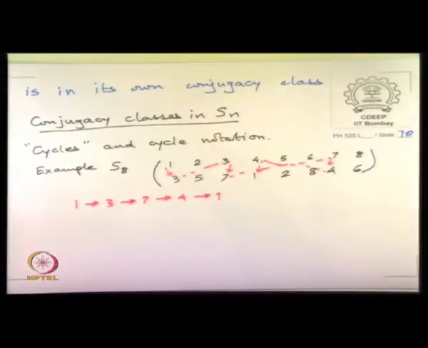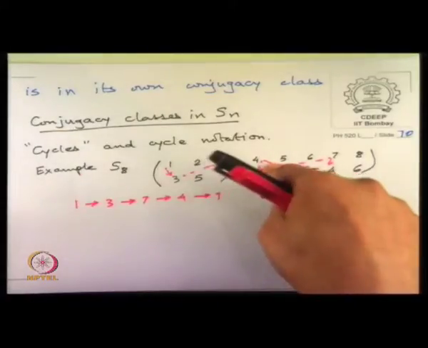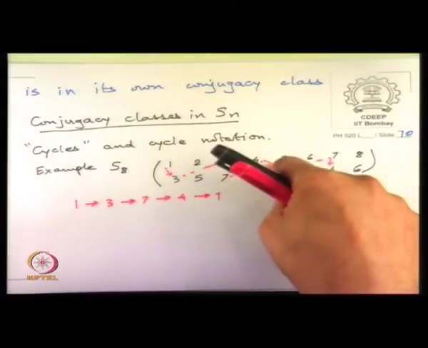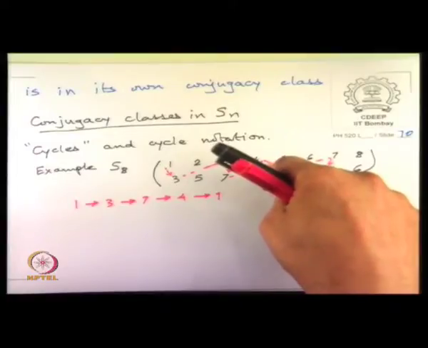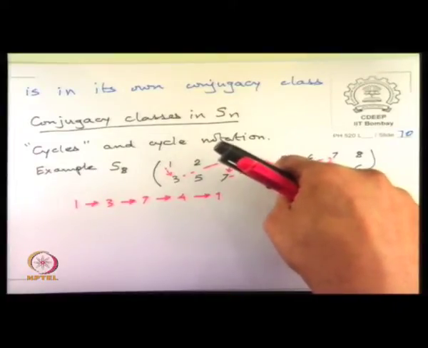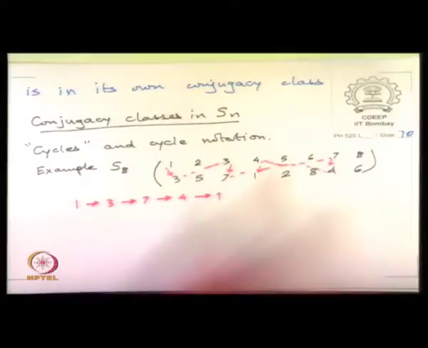If you take higher powers of this particular element of S8, all that will happen to this cycle is that the cycle will continue within itself. It didn't touch any of the other elements, so let us see the fate of the others.